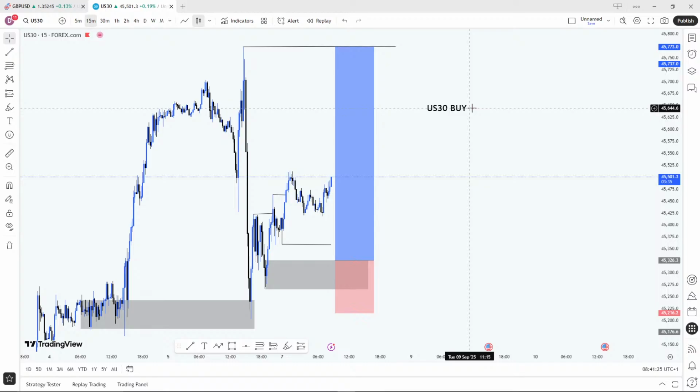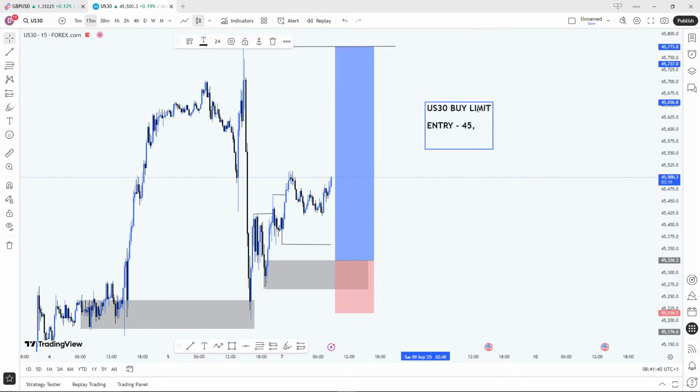So the entry is about 45,326. Then the SL is about 45,216, so this trade is giving us about 11 pips SL.